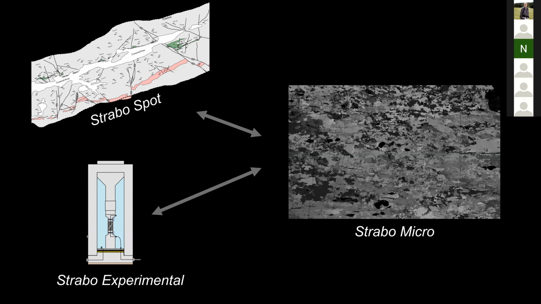So Strabo Micro is just our thin section scale observations. And the reason that we want to have a separate app within the Strabo system for this is so that we can quickly locate our thin section observations to the field location where they came from, or from the experiment that they came from.